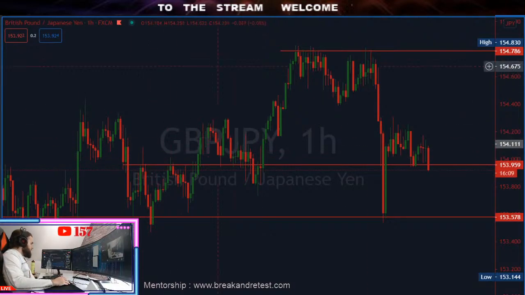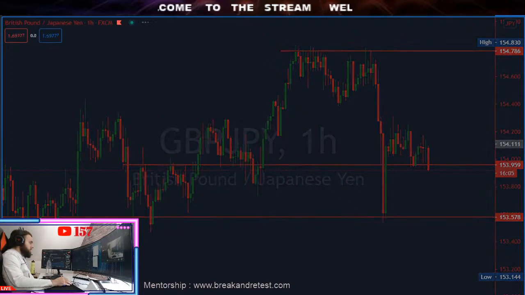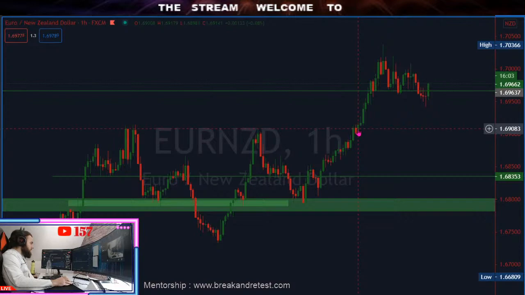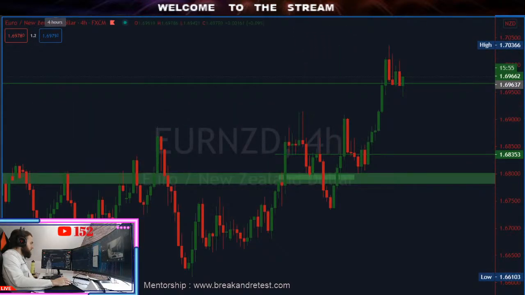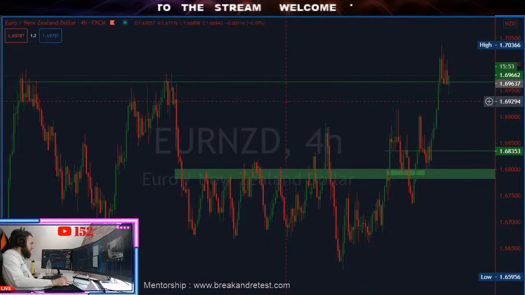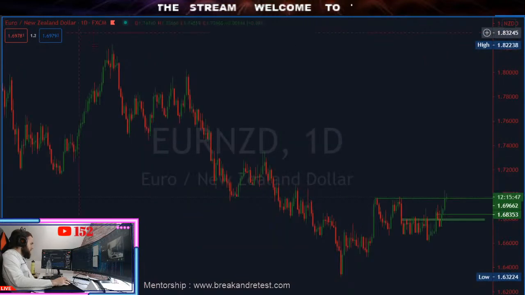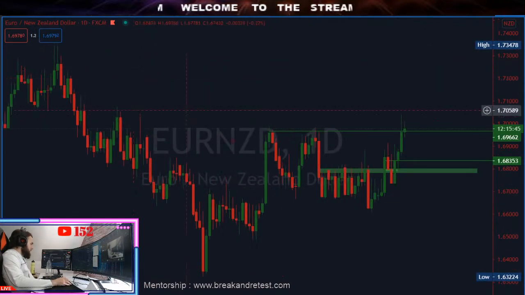Euro NZD possible sell setup. Let me see. Where do you see that sell setup? It's doing a retest. Where do you see that retest? No, I don't really see anything here. Price is at resistance on the daily.